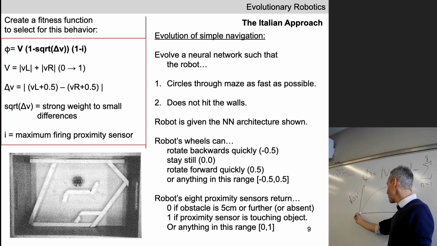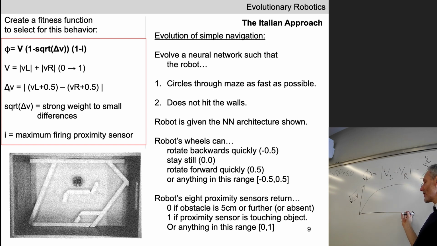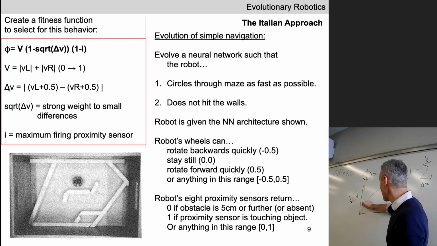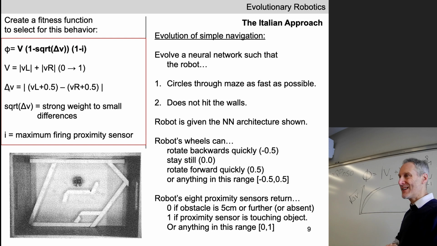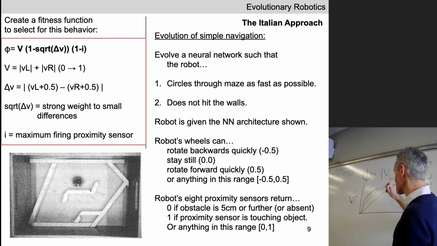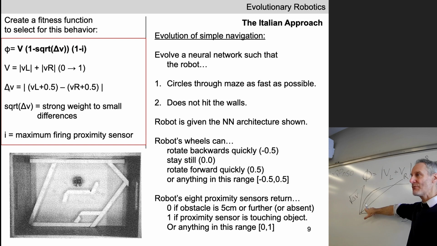So the further to the right this starts to be, the more badly behaving the robot is being. It's swerving back and forth, and so the hammer comes down. There's a strong penalty to this. If we didn't take the square root, we'd just have a straight line, and there'd be less of a penalty when things start to go wrong.